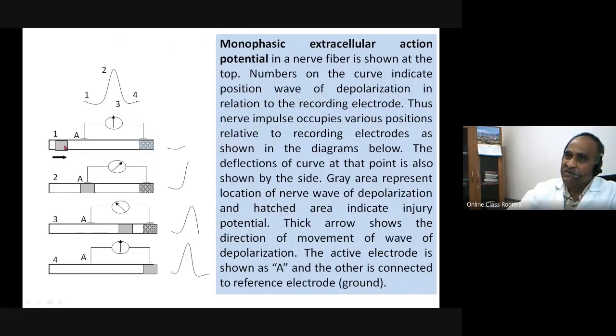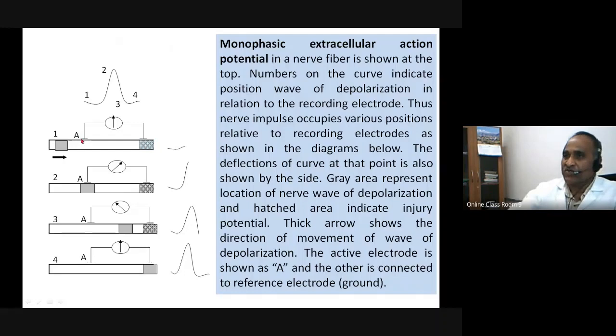Again, this is the wave of depolarization as it moves to the A electrode. This is the active electrode, and this electrode is a ground electrode, grounded to make it a zero electrode, in reference to the ground.